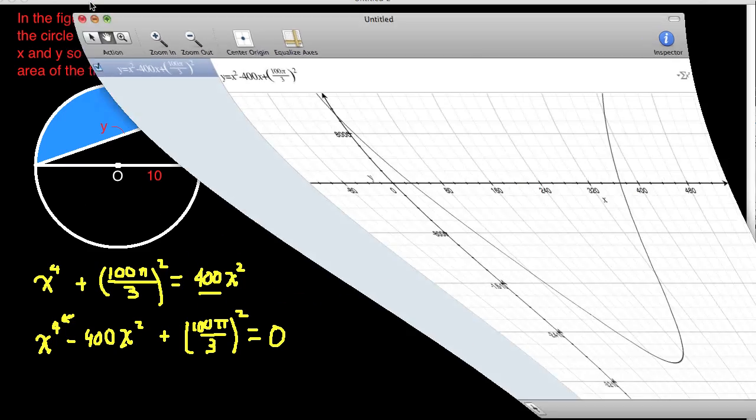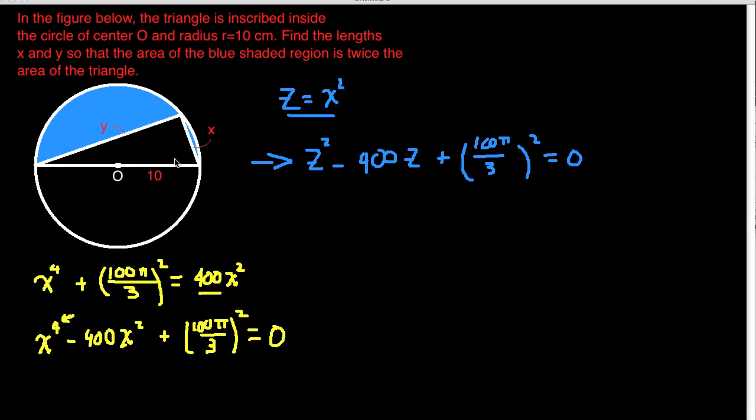And the values for which this equation equals 0 are z equal to 370.39, and z equal to, so I'll call these z1 and z2, 29.6.